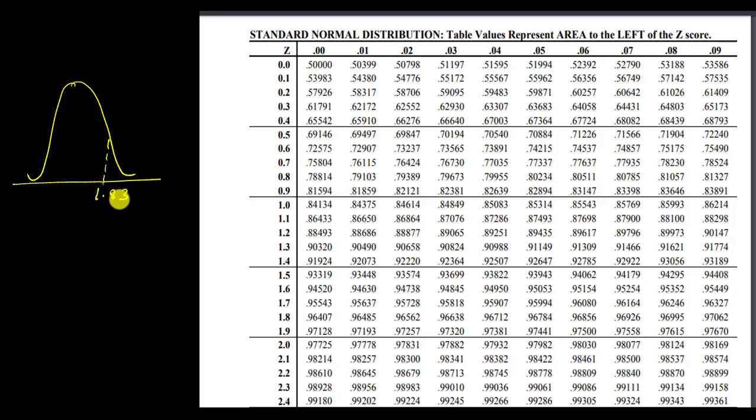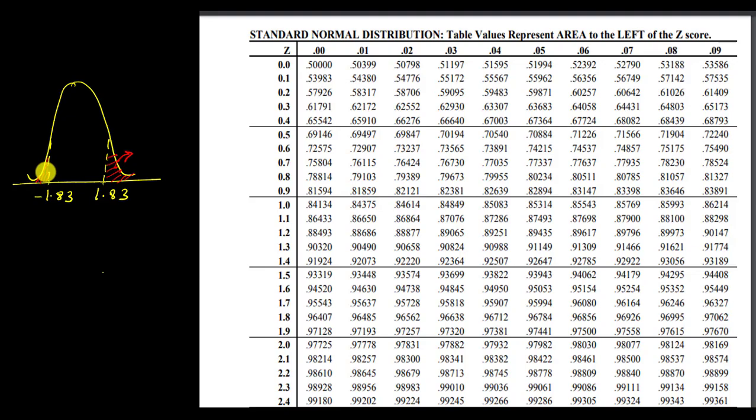Since it is a two-tailed test, by symmetry this is minus 1.83. So what is the p-value? The p-value is the probability of extreme data, which in this case is the area under this curve and the area under this curve. So we need to calculate the area under the right tail as well as the left tail.